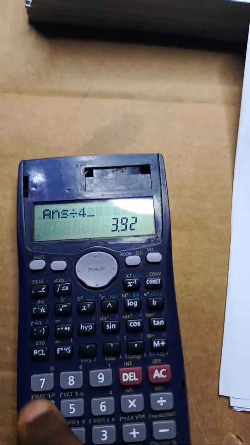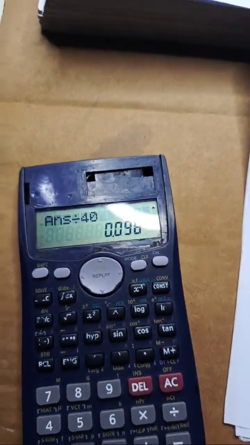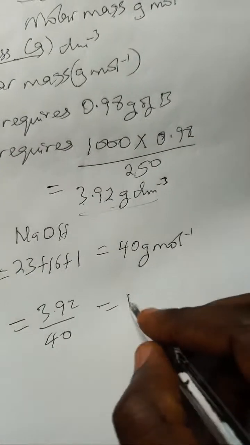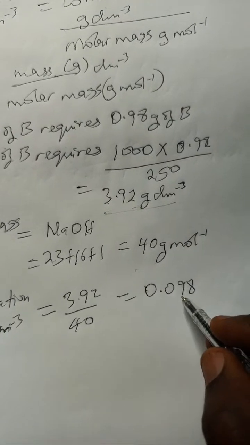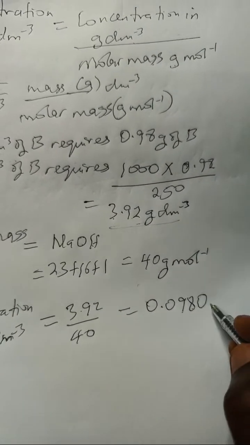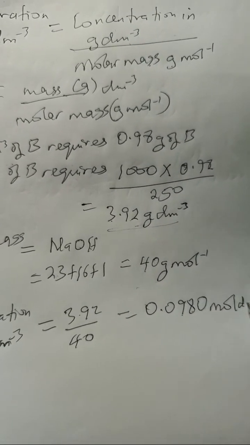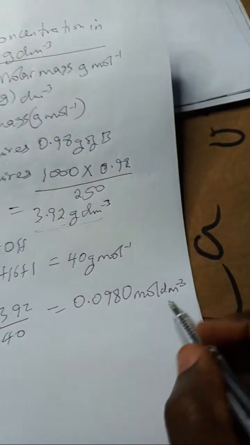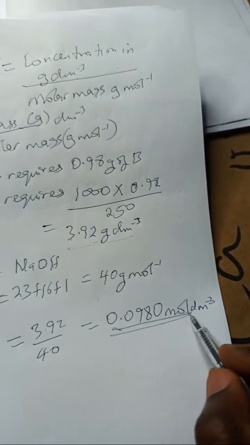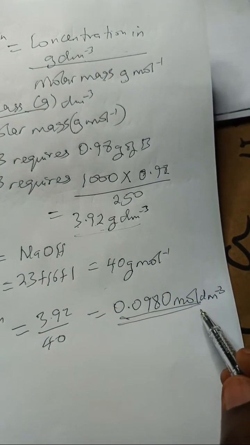So 3.92 divided by 40. That gave us 0.098. It should be in 3 significant figures. So 1, 2, we have to add 0. Moles per dm cube. Okay. So that's the concentration of B.